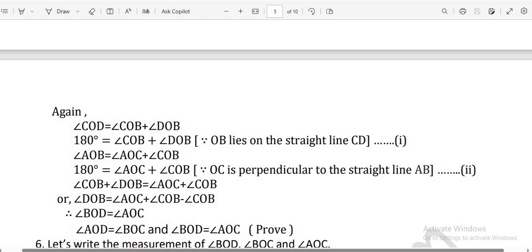Equation number 1. Similarly, angle AOB is equal to angle AOC plus angle COB. We can say 180 degrees is equal to angle AOC plus angle COB, as OC lies on the straight line AB. Equation number 2.